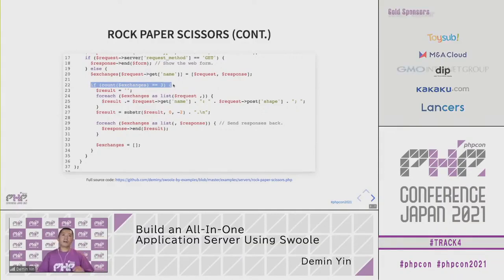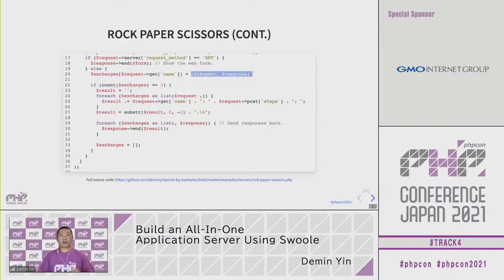So for player A and player B, this if statement is false, which means when player A and player B submit their choices, the only thing that is being done on the server side is to store their choices into the array. But for player C, it's different.